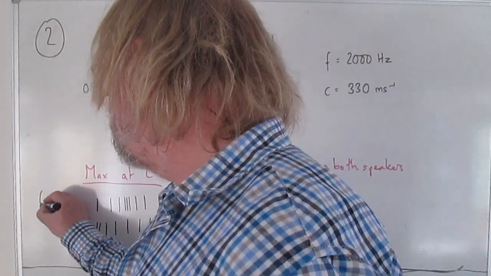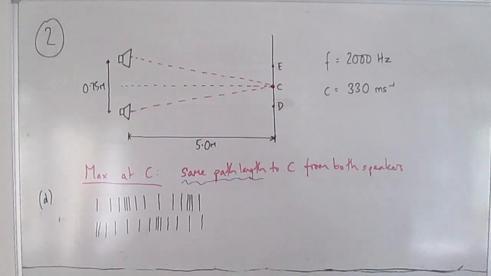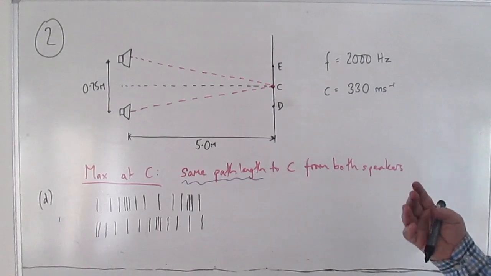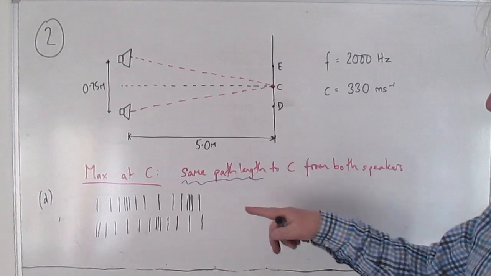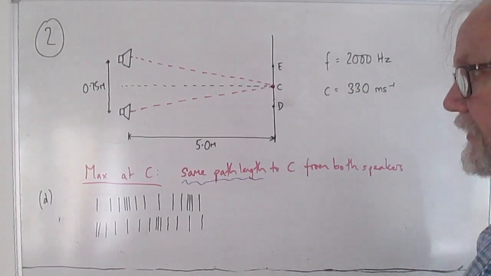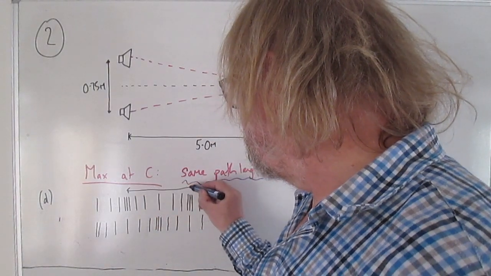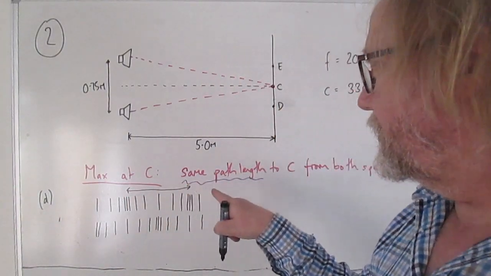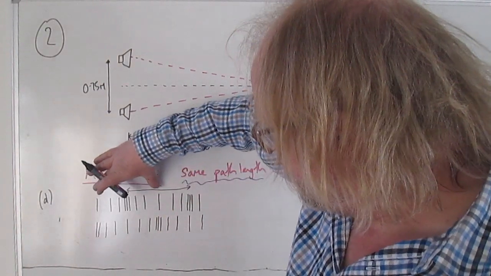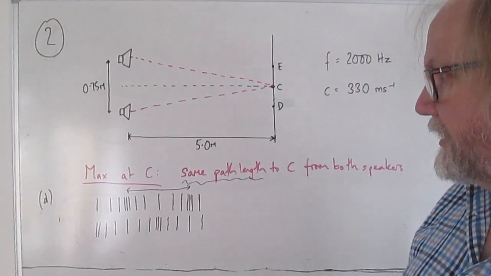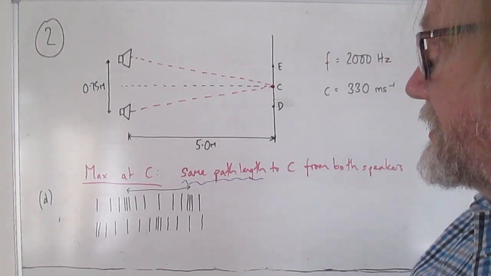So next, in part D, we have to explain why, at certain points along here, which have been labelled D and E, you get a minimum in the intensity of the sound. So again, we can think of this in terms of interference effects. Here we've got two longitudinal waves, and you can see this is a wavelength, which is the distance between one compression and the next, or if you like between one rarefaction and the next. And you can see that this is a wave which is 180 degrees, pi radians, out of phase.